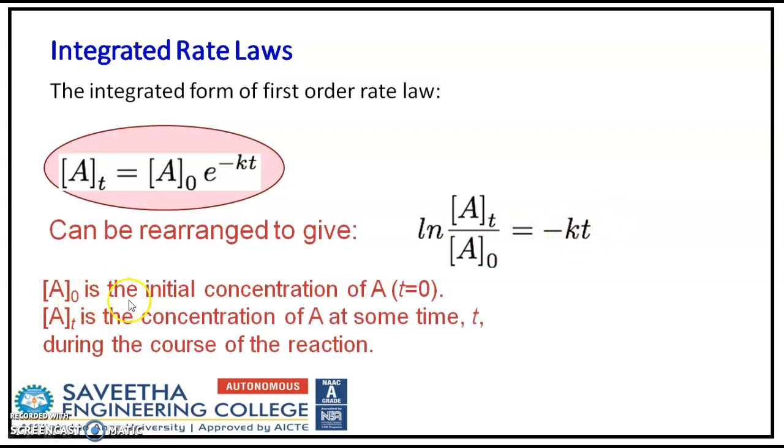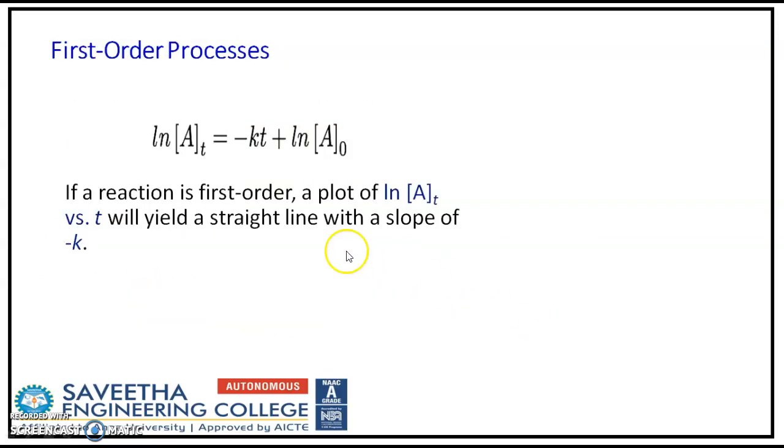Here A0 is the initial concentration at time 0 and At is the concentration of A at time t during the course of the reaction. If you plot a graph between ln A and time, you will get a straight line with a slope of minus k, and here the intercept is ln of A naught.